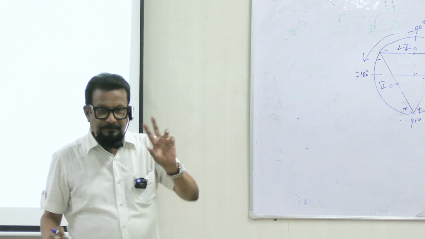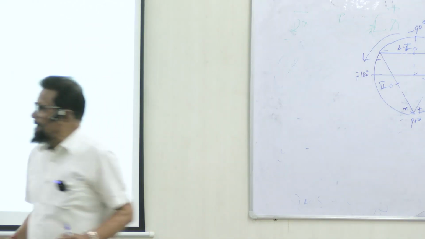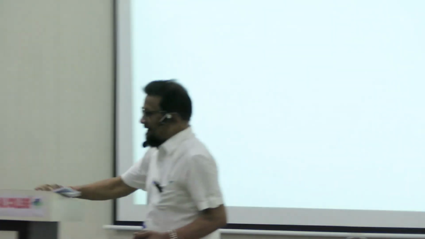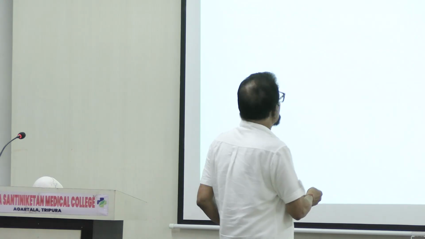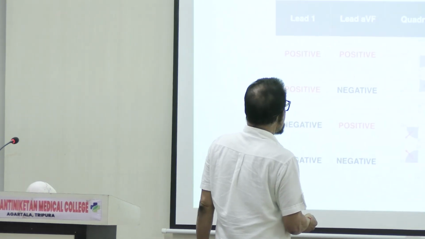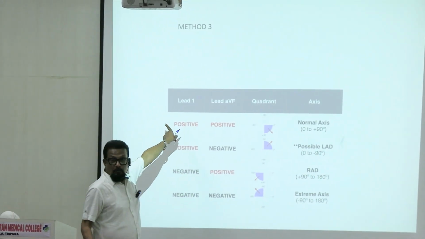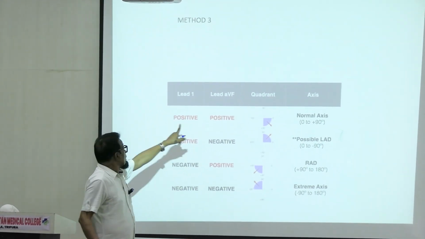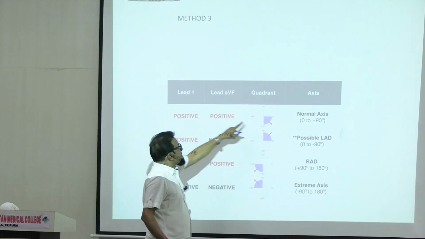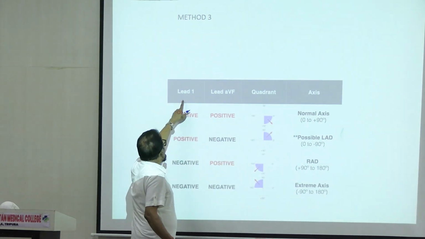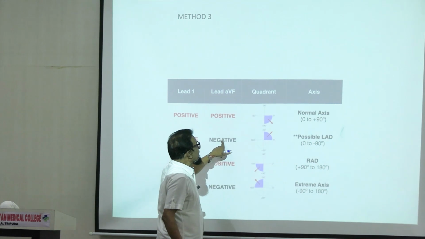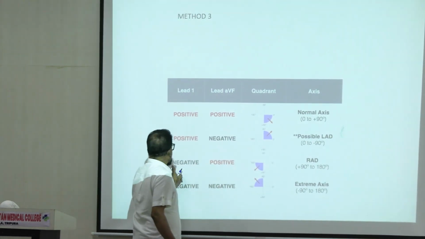You have to choose two standard leads. 1, 2, 3. The aVF, 1 and aVF. In lead 1 positive, aVF positive, normal axis. In lead 1 positive, lead 1 negative, LAD.